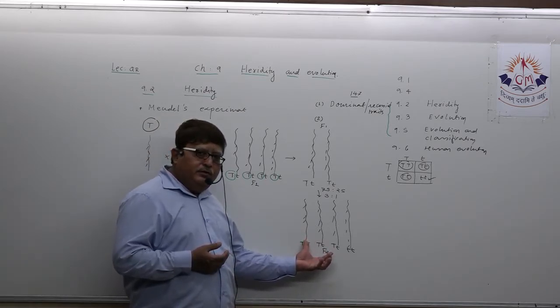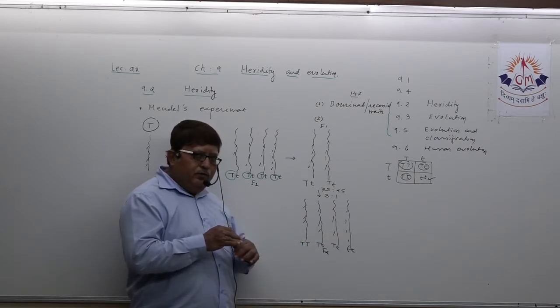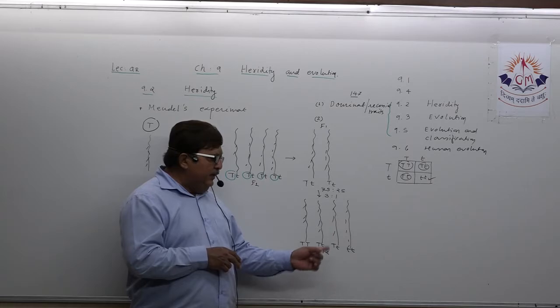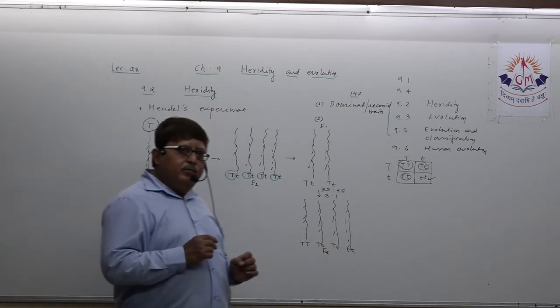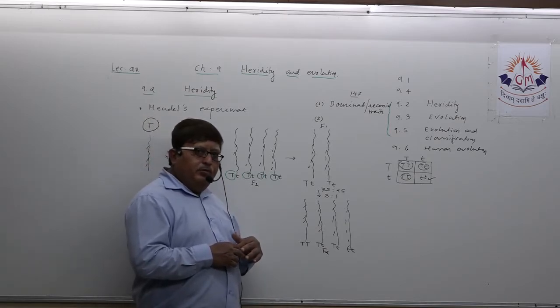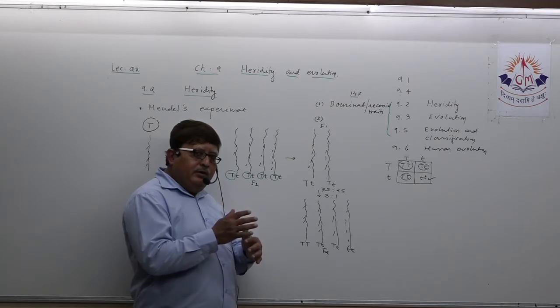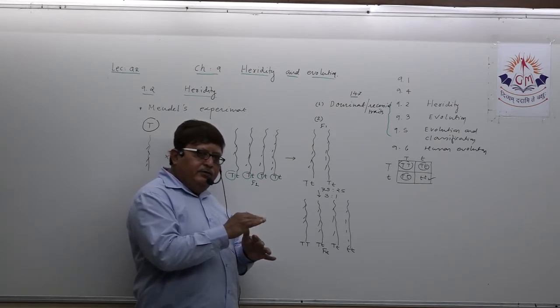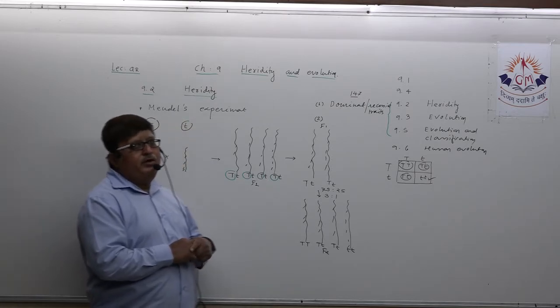So tallness is the dominant trait and dwarfness, that is the short height, became the recessive trait. This way, by performing the experiment, he was able to prove that in the generation there can be some dominant trait and some recessive trait. This way he performed an experiment.